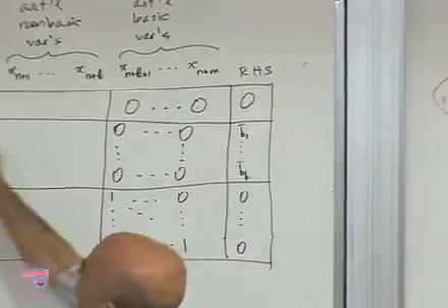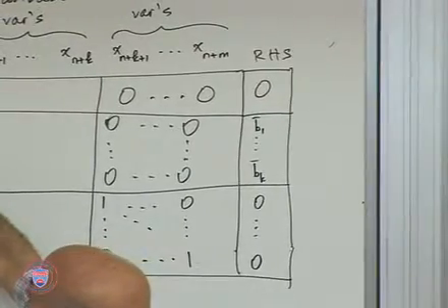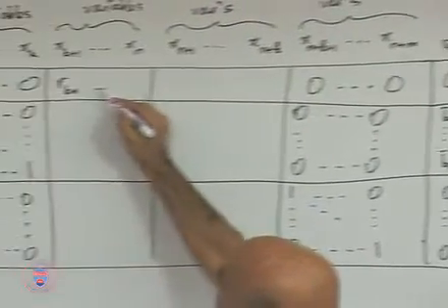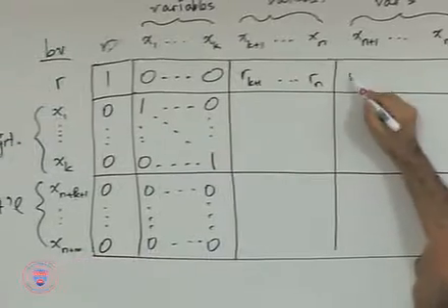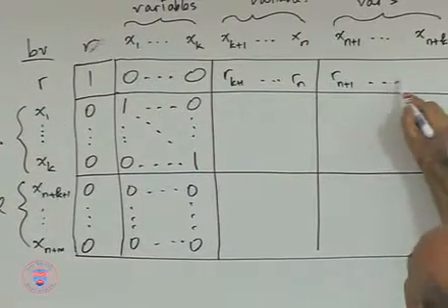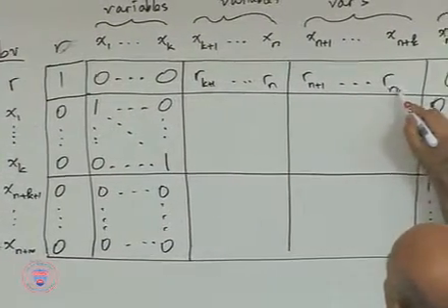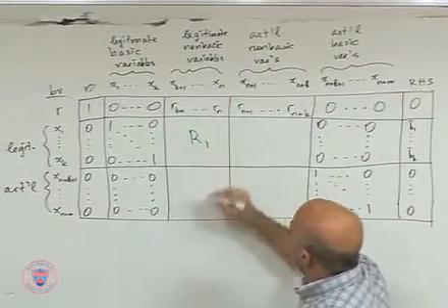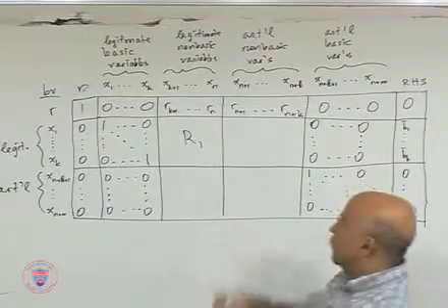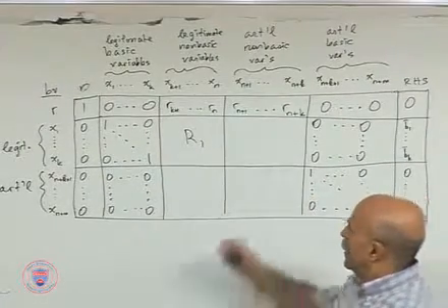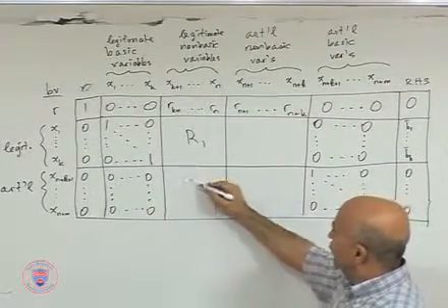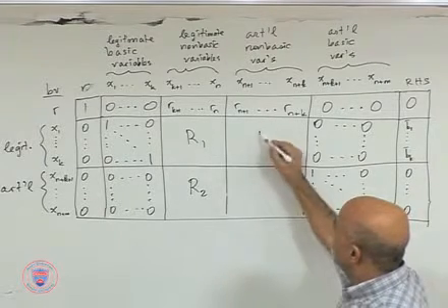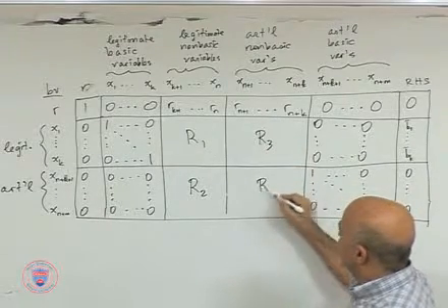Over here, we've got the reduced costs. And we've got some matrices, say R1, R2, R3, and R4, whatever they are.